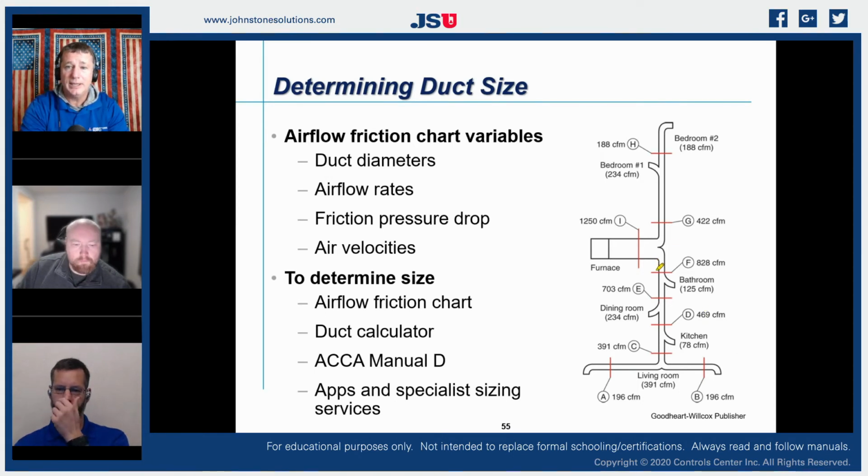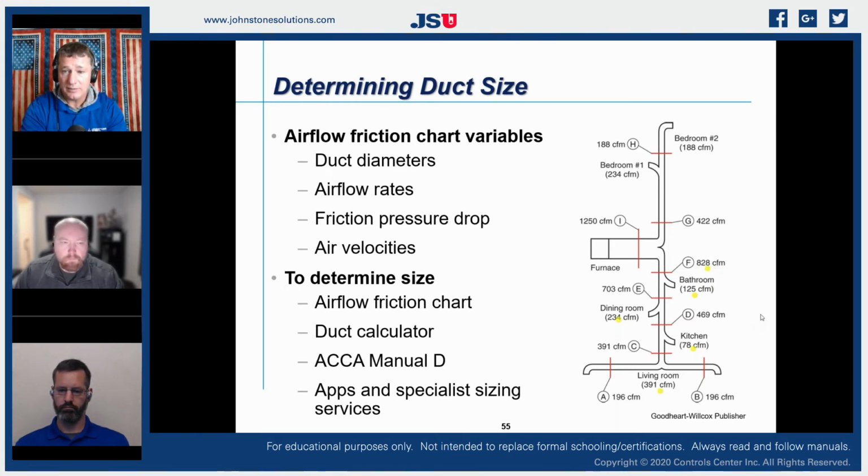So let's look at this secondary trunk here. With this secondary trunk, I have a living room that has 391 CFM, a kitchen that has 78, a dining room that has 234, and a bathroom that has 125 CFM. I add all those up, I have 828 CFM going this direction.